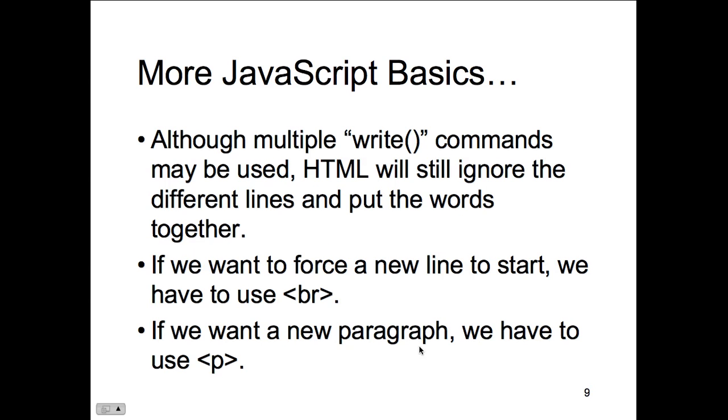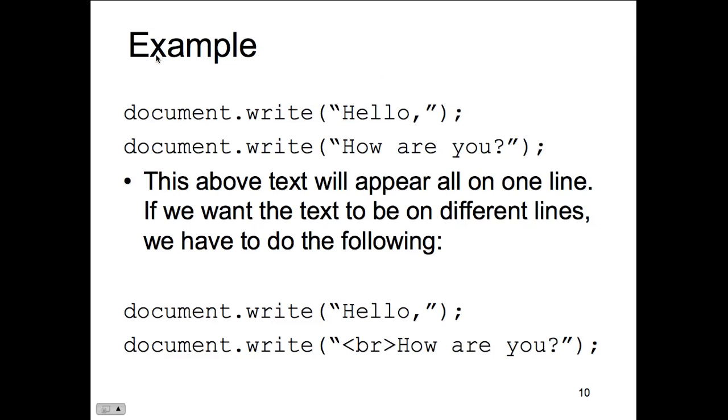Although multiple write commands may be used, HTML will still ignore the different lines and put the words together. So if you want to force a new line to start, you use the line break. If you want a new paragraph, you can use a new paragraph tag, P. So here's an example. Because document write is going to string things, this is the interesting thing we run into.